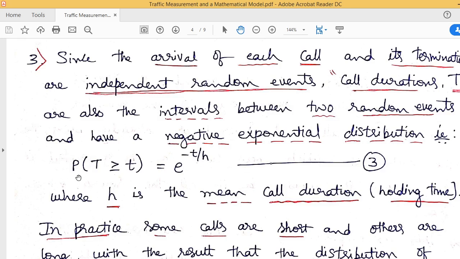Accordingly, we can write P of t greater than or equal to t equal to e power minus t by h, where h is the mean call duration, also called the holding time, and t is the call duration between call arrival and call termination.